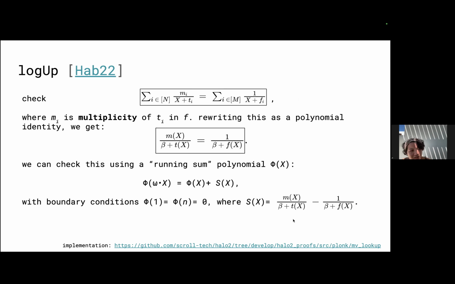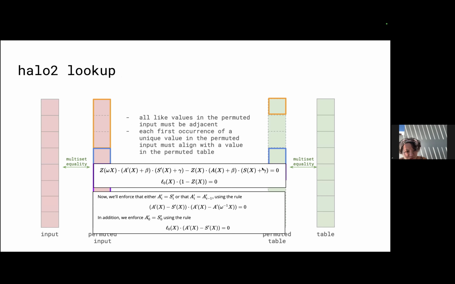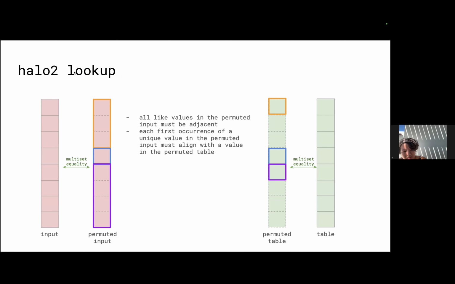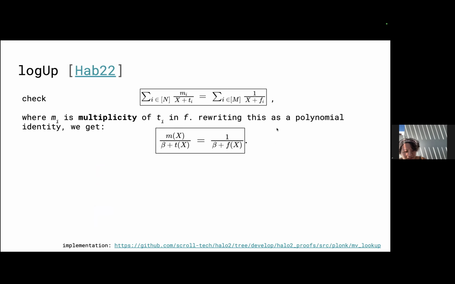So what this allows us to do, in the context of Halo2, is get rid of these two extra permuted columns, and instead just provide one extra multiplicity column. And that essentially halves the number of commitments that the lookup prover needs to provide.